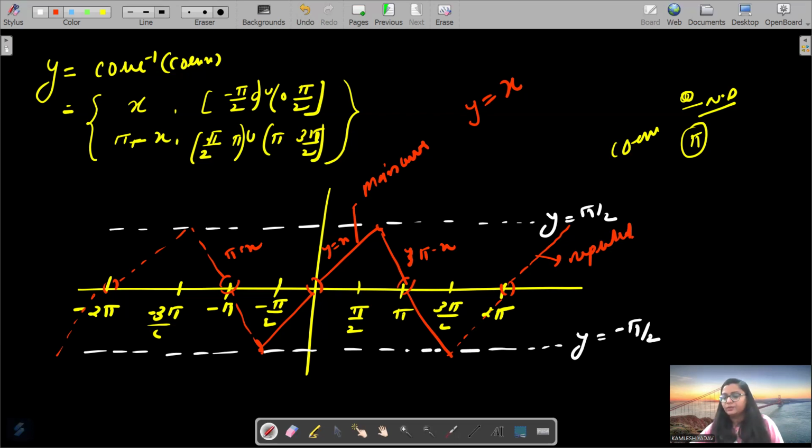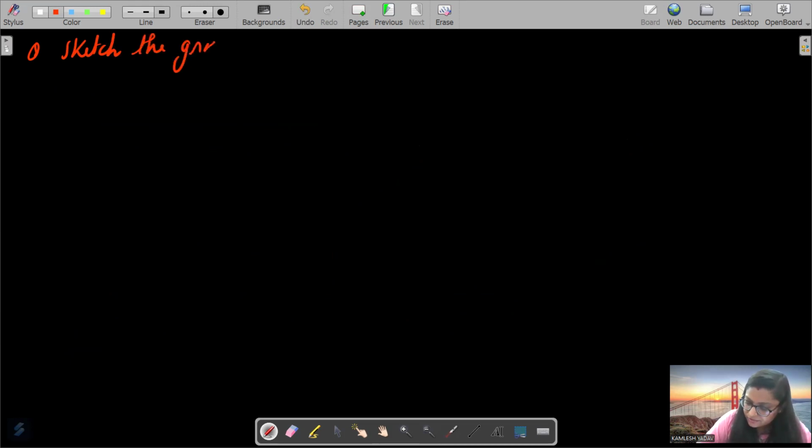So these are some important inverse trigonometry graphs actually. Okay. Now, next question is to sketch the graph. See the question.